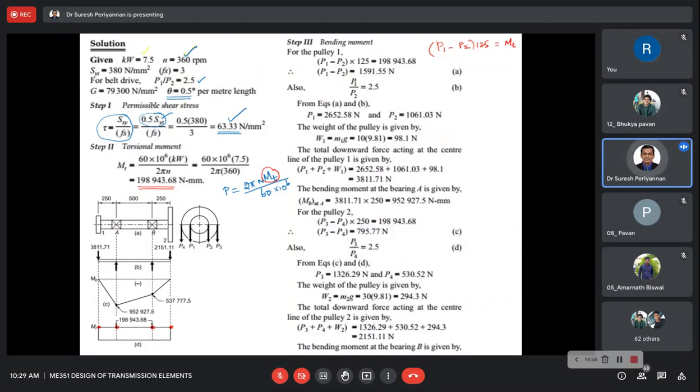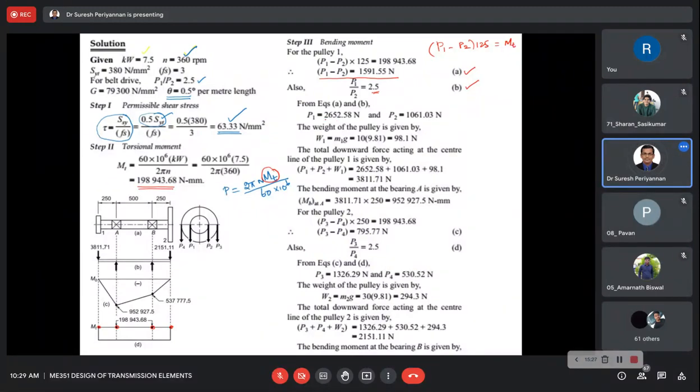From this relation, we have found P1 minus P2 is equal to 1591.55 Newton. The tension ratio of tight side and slack side is already given as 2.5. Then substitute and solve these two equations, A and B. We are able to find out the tight side and slack side tensions P1 and P2 from these two equations.